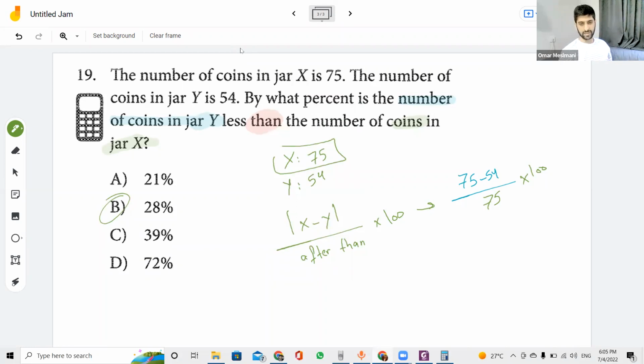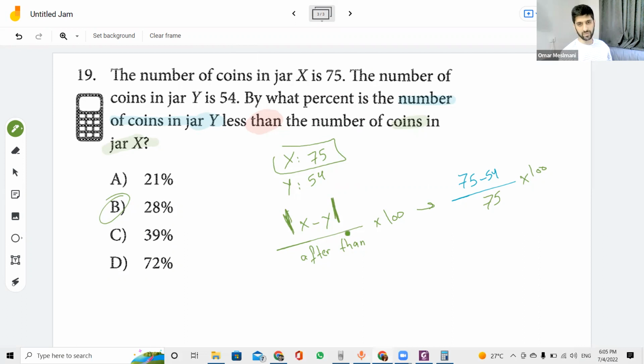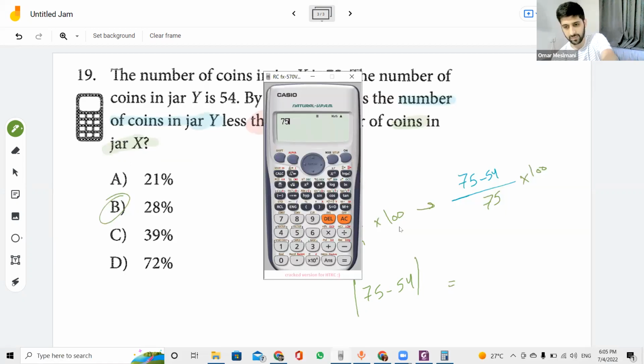What does this symbol mean? It means x minus y in absolute value. So when you do 75 minus 54 in absolute value, use a calculator, tell me what is 75 minus 54? 21, yes?